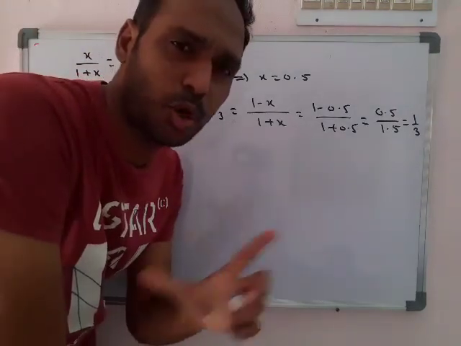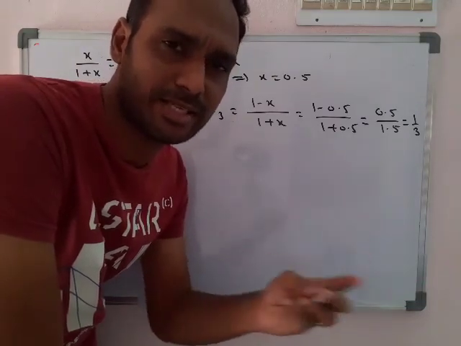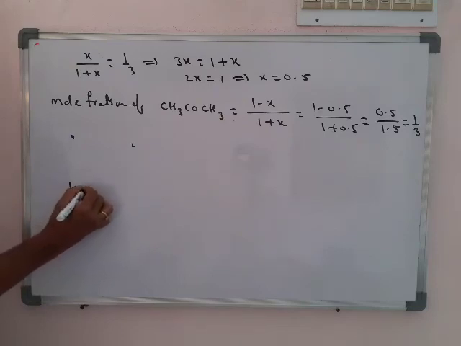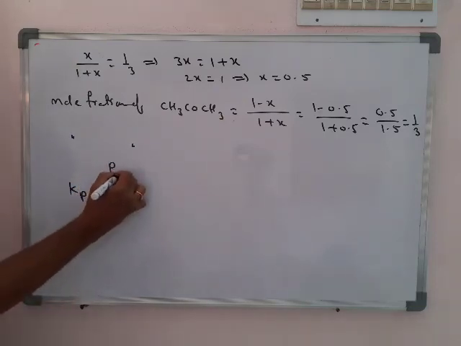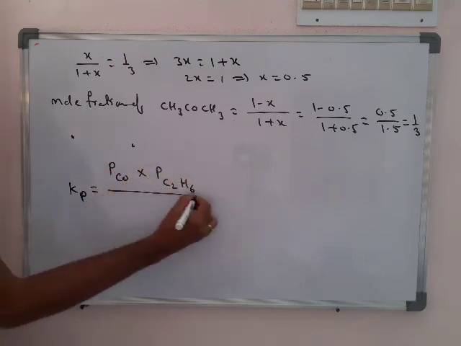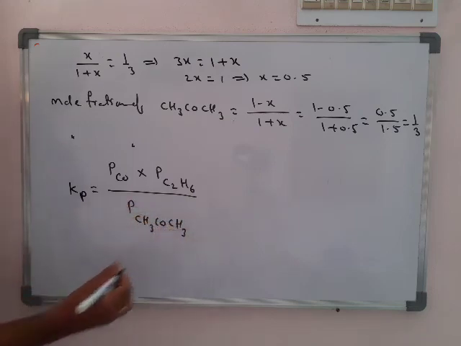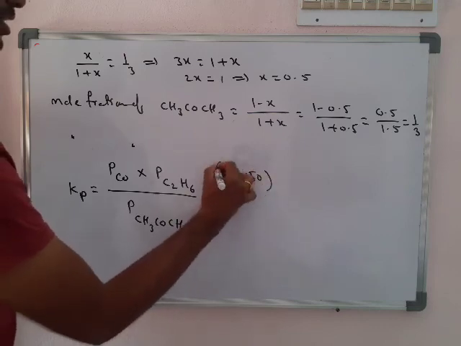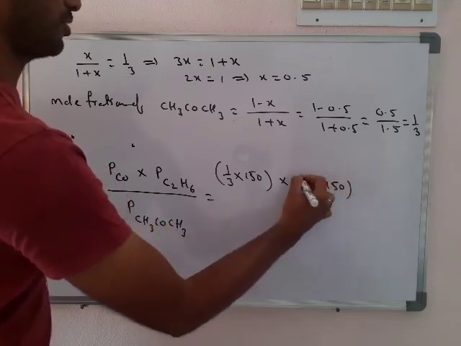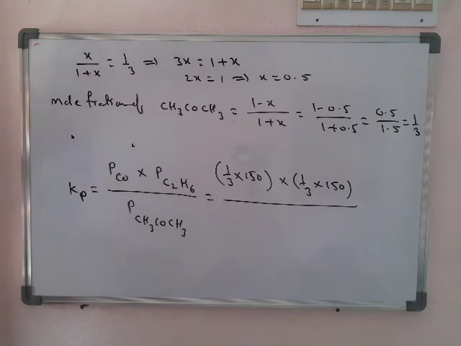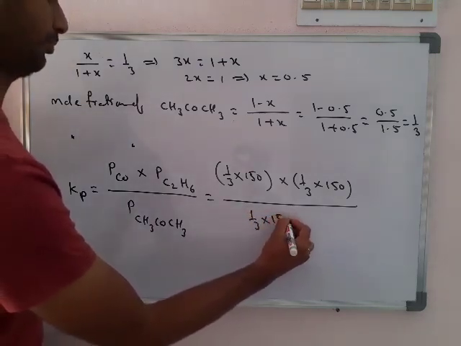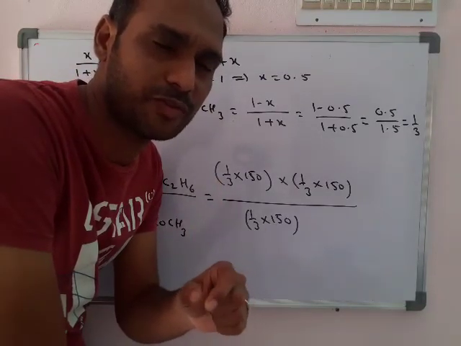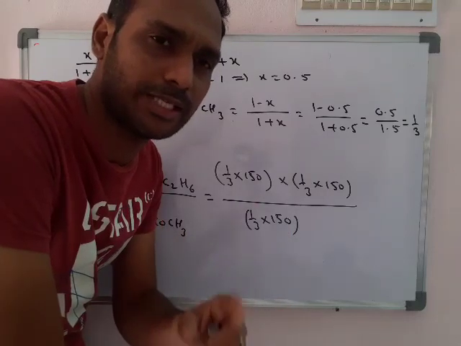Normally, in such problems we take the initial pressure 150 and write 150 minus x, x, x, but here the information is given separately about the mole fraction, so it becomes easy to calculate in terms of mole fraction. So what is the Kp? Kp is equal to the partial pressure of carbon monoxide times the partial pressure of ethane divided by the partial pressure of acetone. According to Dalton's law, the partial pressure of a gas equals its mole fraction into total pressure.